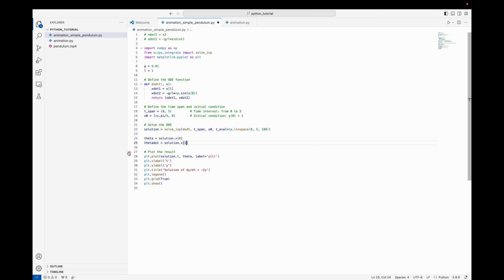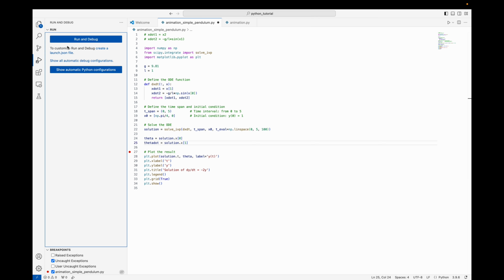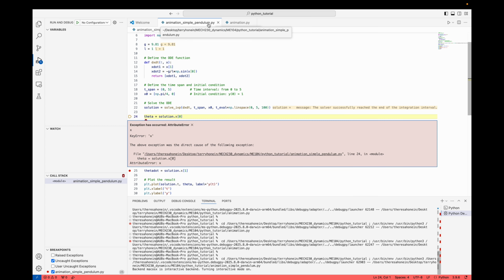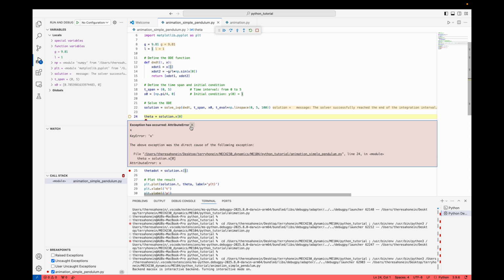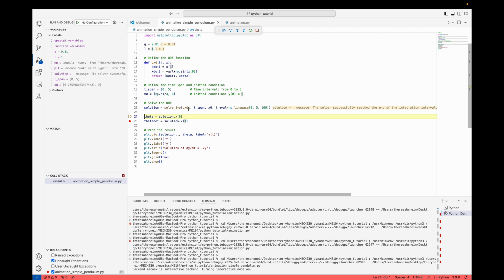Okay, so basically what's happening when I run the code just to this point on the debugger, oh, maybe I should have kept the y. Okay, now I'm gonna run again.